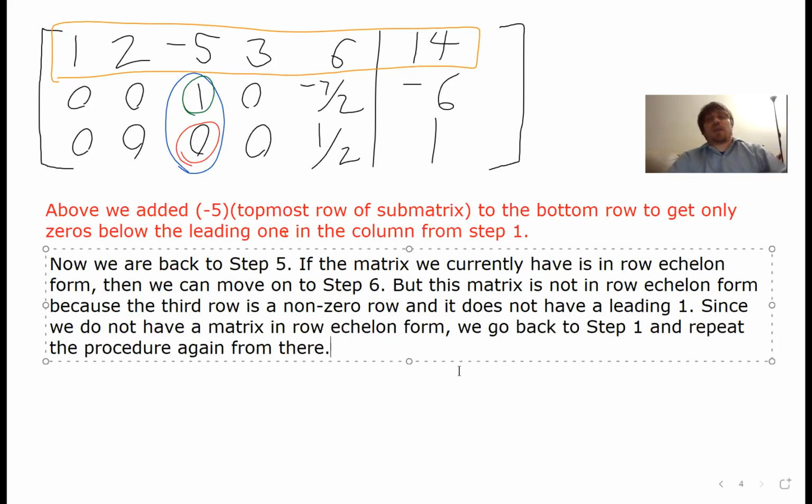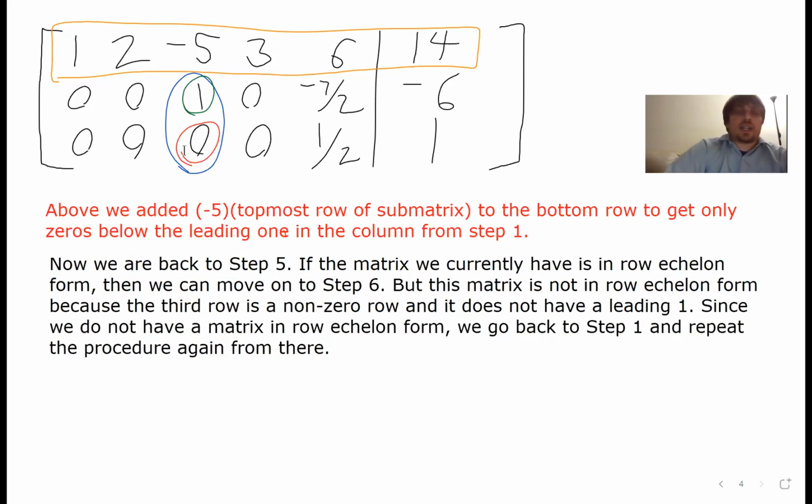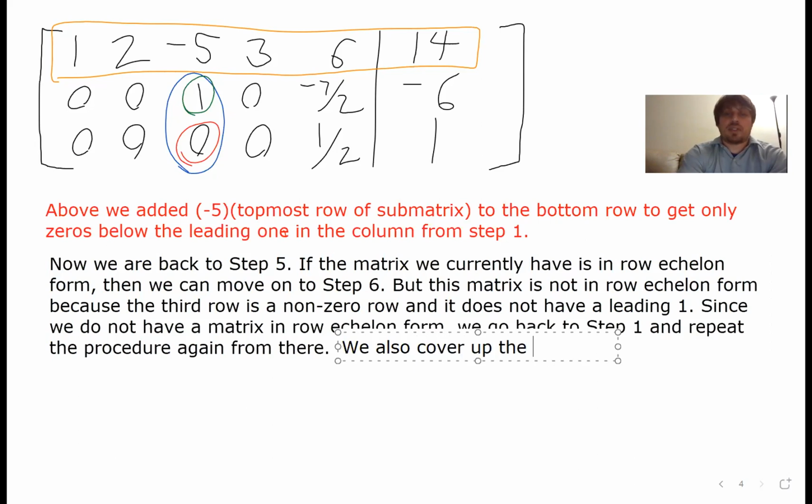So now we're going to go back to step 1 again. Since we do not have a matrix in row echelon form, we go back to the step 1 procedure again. We also cover up the topmost row of the submatrix.